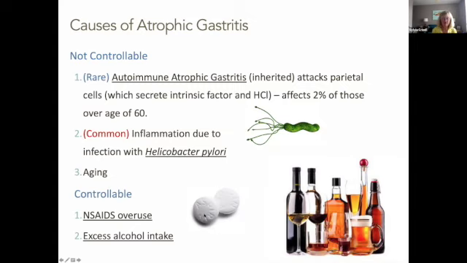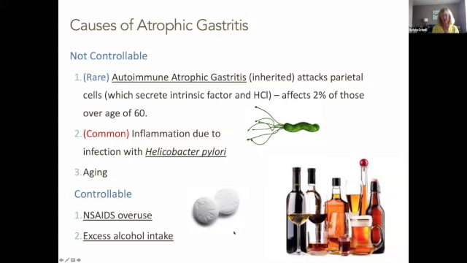Those all act in a certain way that it can remove the protection of the lining of the stomach. Some people can take aspirin without having it. It's a genetic component too, but people that consume too much aspirin or too much Advil can feel discomfort in their stomach because they're actually eroding some of the surface of their stomach.